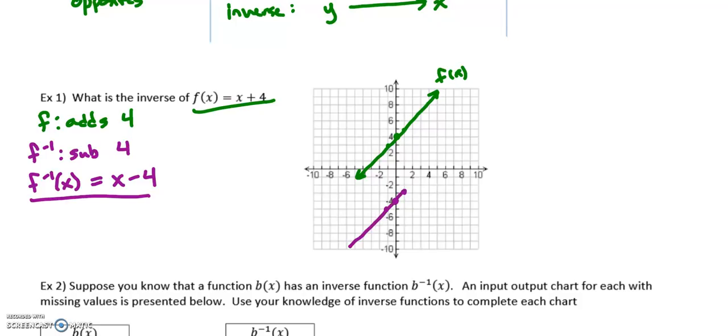So it goes up that way. That's f inverse of x. The reason I graph it is just to show you one relationship that's going to come up later. If I remember my types of symmetry, these two graphs have symmetry with respect to the line y equals x. That'll be important later. But for right now, just to get a basic idea of what an inverse function is, it undoes the original. The purple here undoes the green.